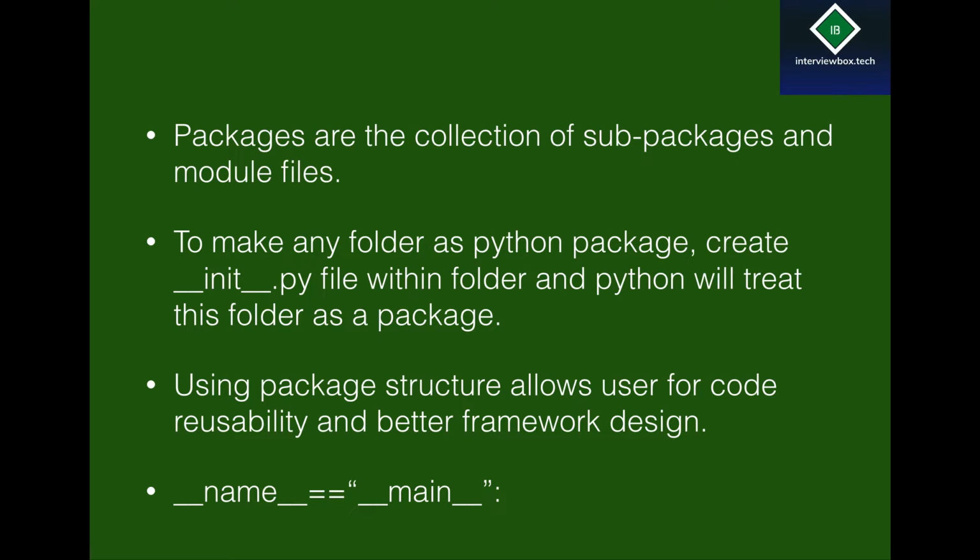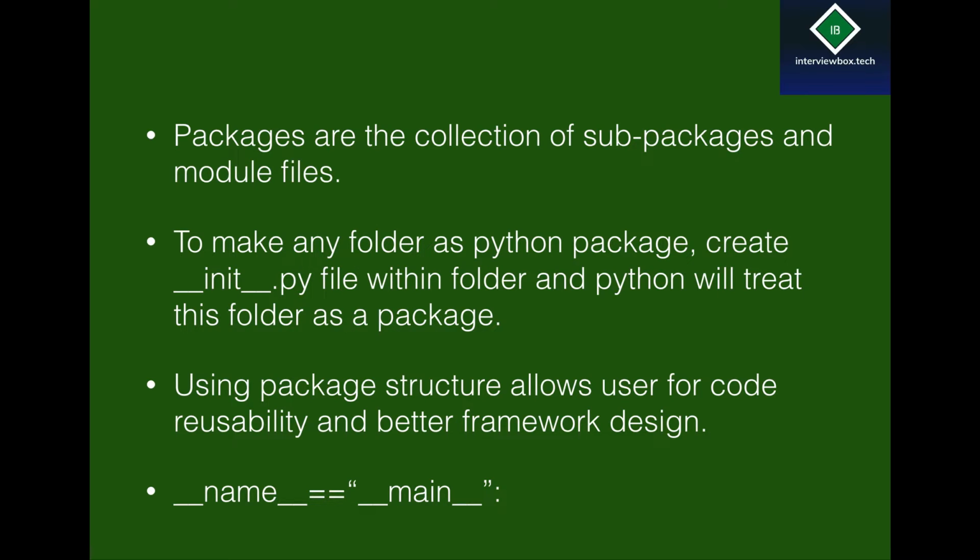So you create a folder, and to tell Python that this folder is considered a package, you have to create __init__.py, a Python file. You don't have to put anything into that file. It's just a blank file, but with this naming convention. So when you place this file within your folder, then Python will consider this folder as the package.